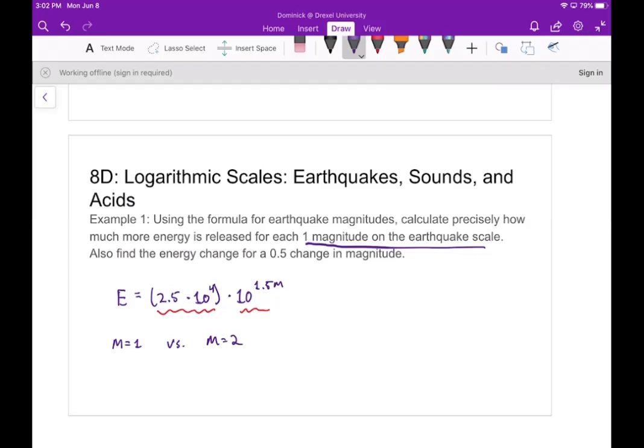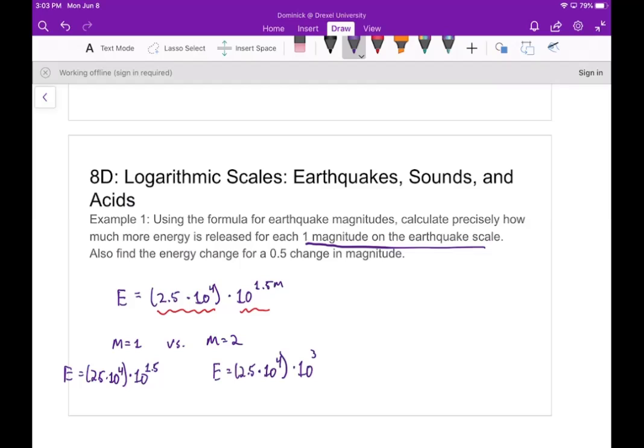Now, when m is equal to 1, we get that the energy is this 2.5 times 10 to the 4, and then times 10 to the 1.5 times 1, which is just 1.5. Then in the next one, we would get 2.5 times 10 to the 4 times 10 to the 1.5 times 2, which would be now to the third, right?